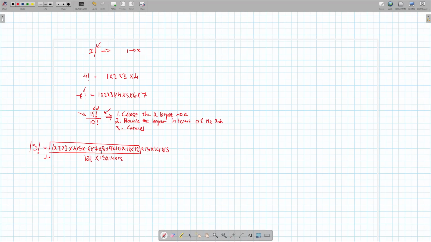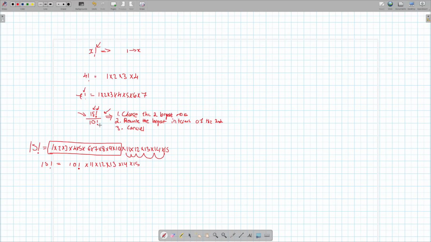Okay, so it's very important you understand why I'm doing this. So now in our 15 factorial over 10 factorial example, 15 factorial is equal to 10 factorial times 11 times 12 times 13 times 14 times 15.